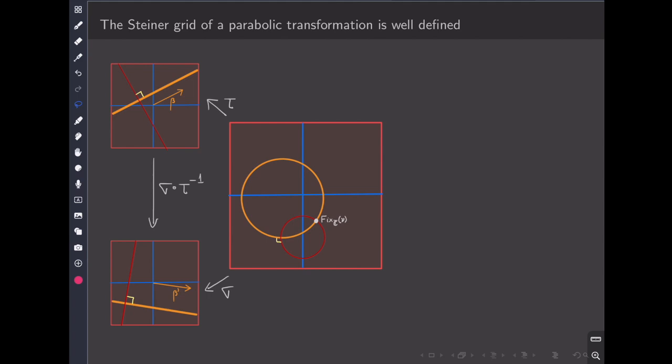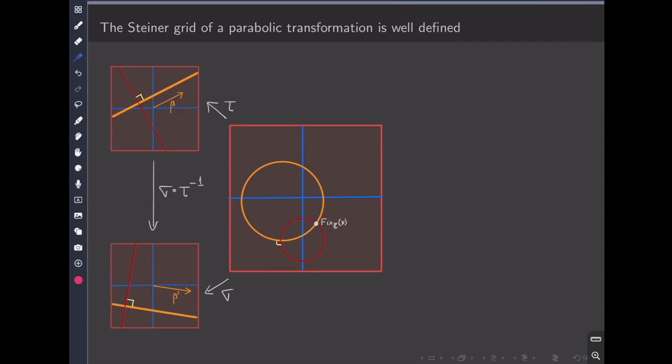So we conjugate our parabolic Möbius transformation to a translation, but we know that all translations are conjugate. Right? But now the point is that each translation has, of course, a well-defined translation direction, right? So the family of Euclidean lines that are stable under the action of that translation, that one for each translation is completely well defined.